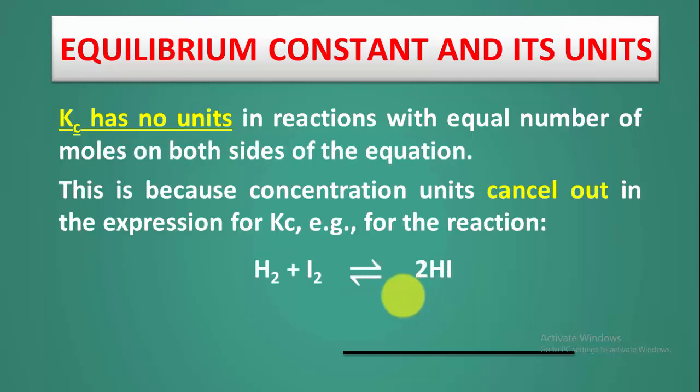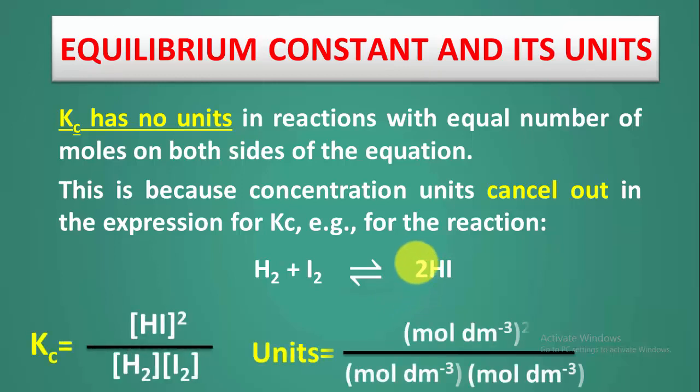So dear students, consider the words cancel out in the expression for Kc. So you can say that for H2 and I2, their concentrations are 1 mole each, and 1 mole of H2 and I2 forms 2 moles of HI, and their concentrations are the same. So they cancel out, and Kc has no units.